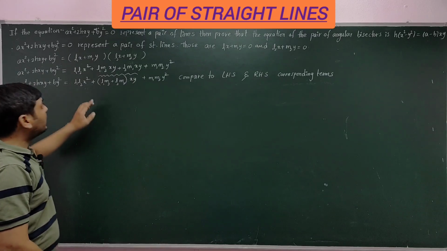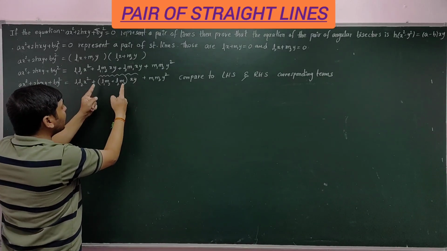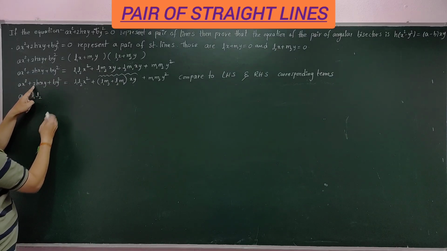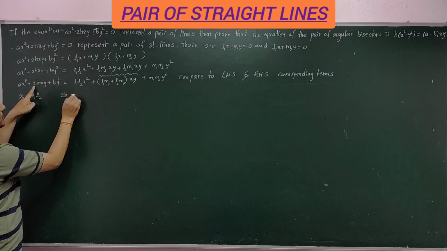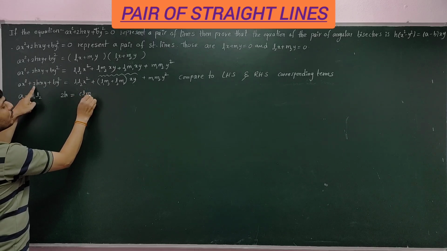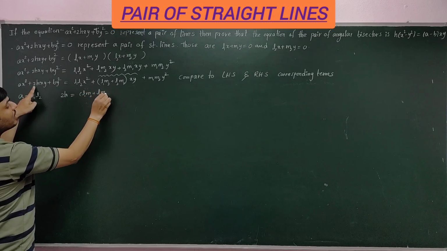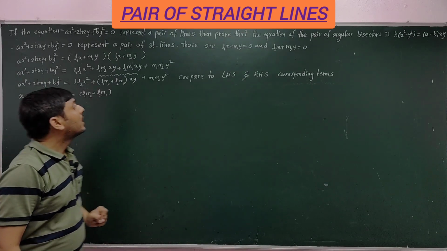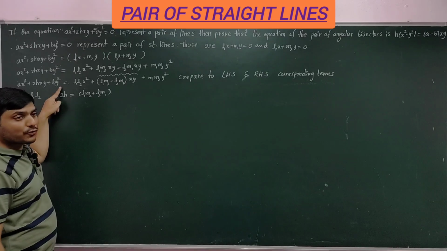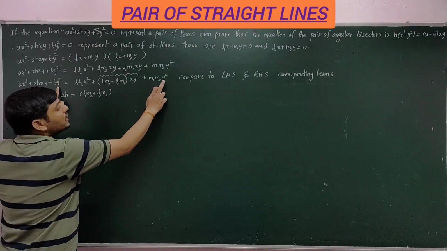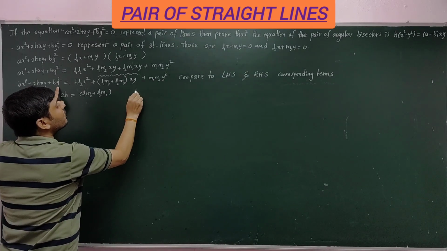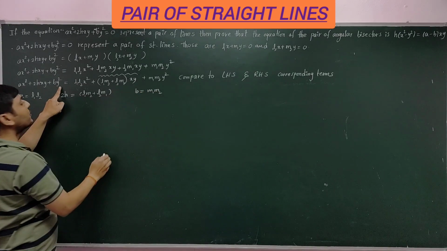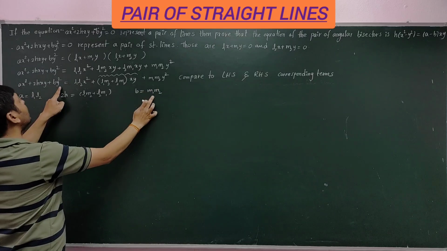Similarly, for the second term, the xy coefficient is L1 M2 plus L2 M1 on one side and 2h on the other, so 2h is equal to L1 M2 plus L2 M1. This is the second term of the LHS and RHS. Now the third term: the y square coefficient is b, and the y square coefficient on the other side is M1 M2. So b is equal to M1 M2.